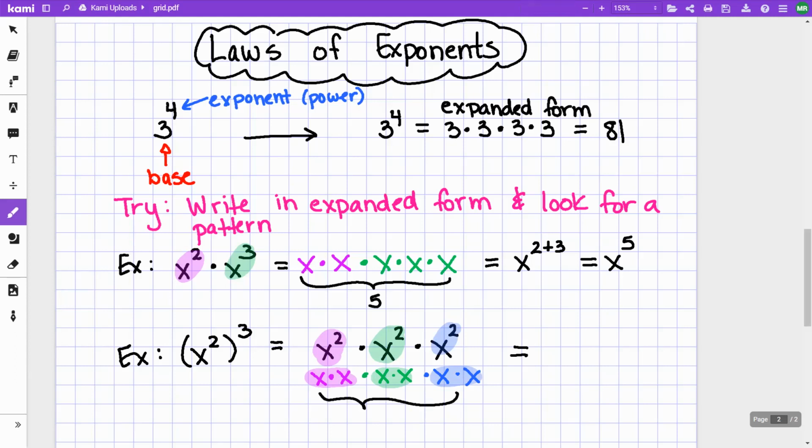I end up having 6 of them. Now, what happened? I really have 3 sets of 2. So what I do with my powers is I really multiply them. I really multiplied 2 times 3, and I ended up with a power 6. I call this power to power.